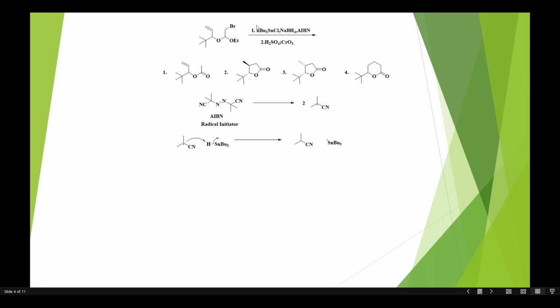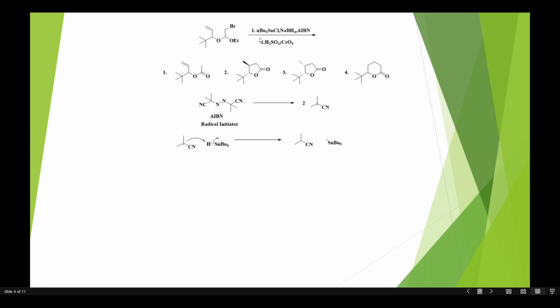tributyl hydride. After that, from the reaction between sodium borohydride and tin chloride, you will get the corresponding tin hydride. After that, from AIBN, you will get the corresponding tributyl tin radical. The reaction between sodium borohydride and tributyl tin chloride gives tributyl tin hydride.